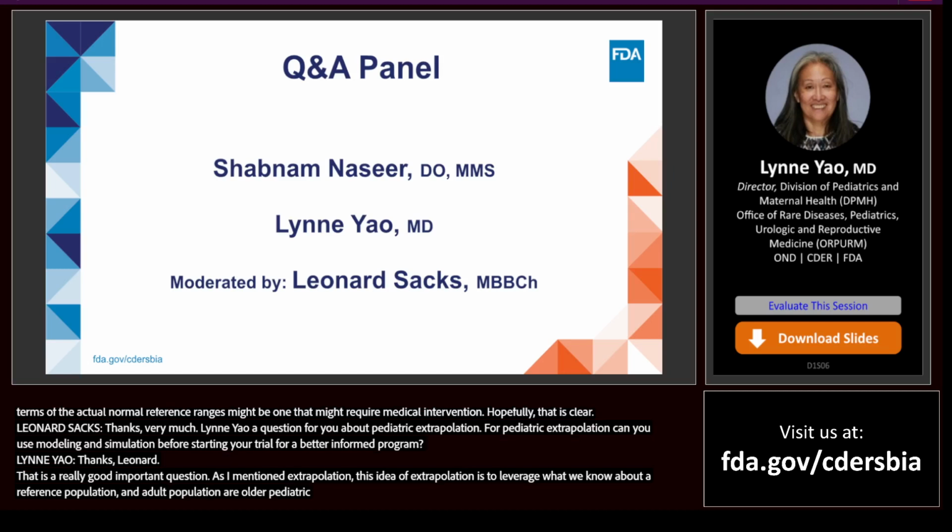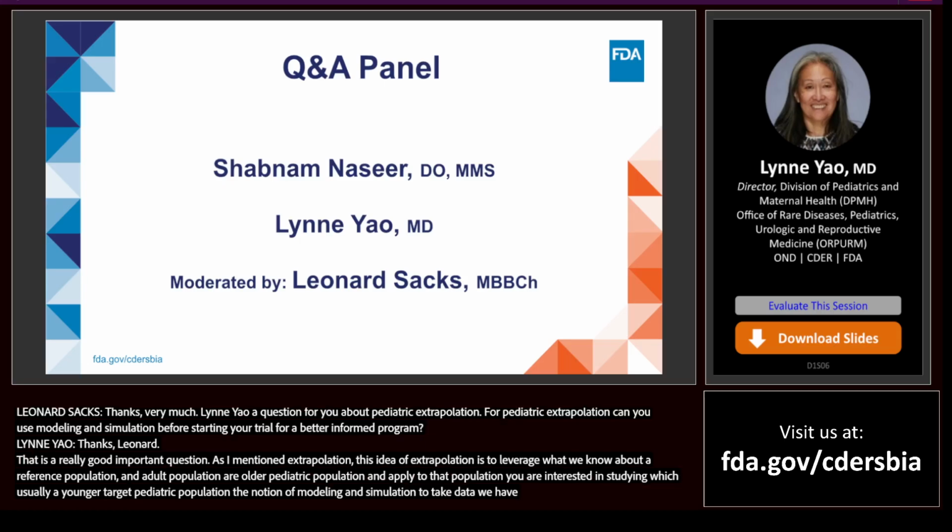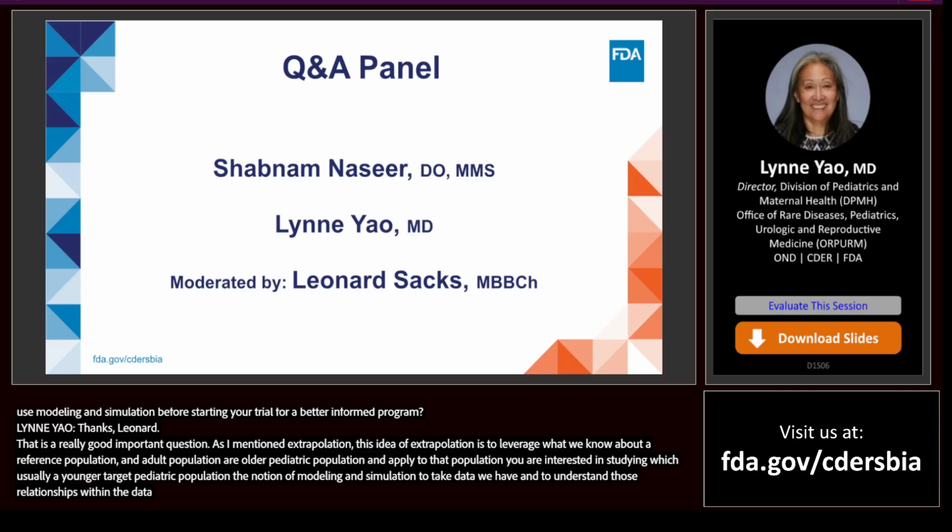And the whole notion of modeling and simulation is to take data that we have and understand those relationships within the data using computational methods. That idea of modeling and simulation is a critically important component of the analysis of data.